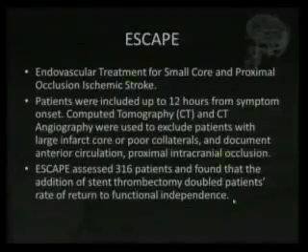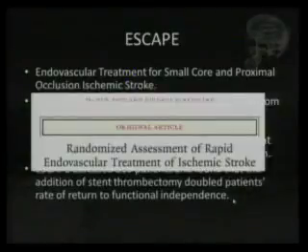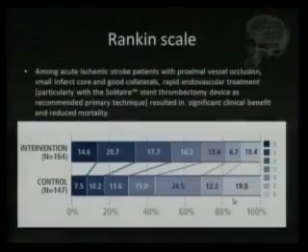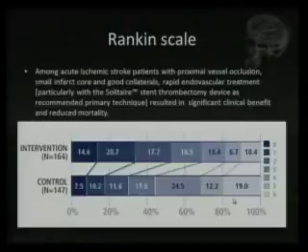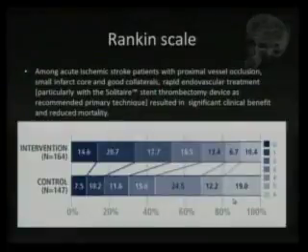They used CT perfusion to randomize these patients and to decide whether they were candidates up to 12 hours or not. And they assessed 316 patients, also in the New England Journal of Medicine. 35% of patients had a good outcome versus 18% in the control arm, so almost twice.